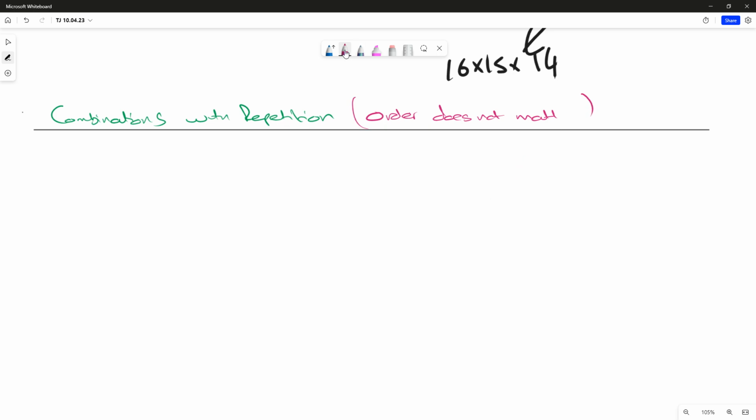And the formula for this is given by n factorial over r factorial multiplied by n minus r factorial.